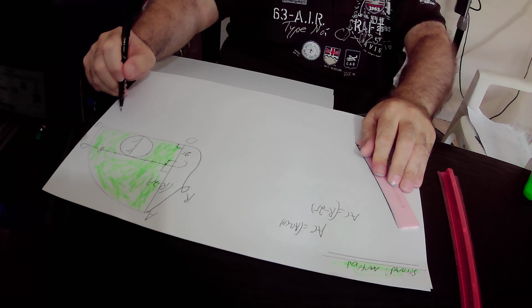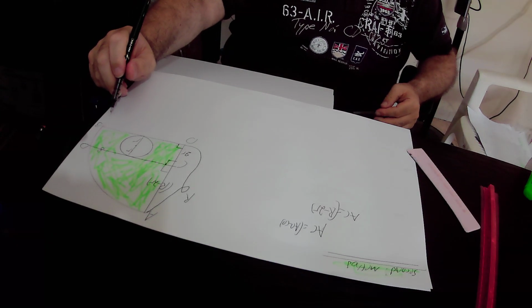In the next step, we complete the quarter circle to a circle.